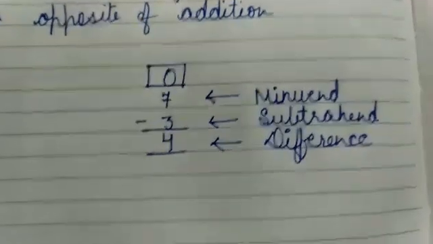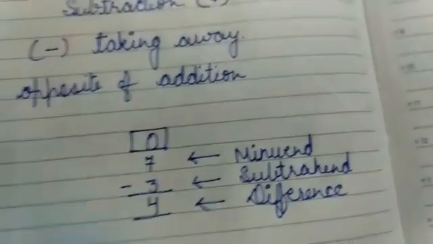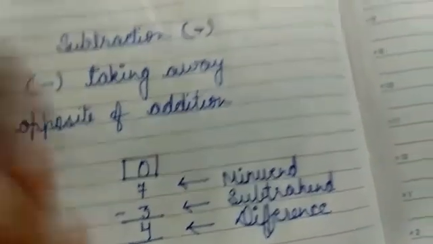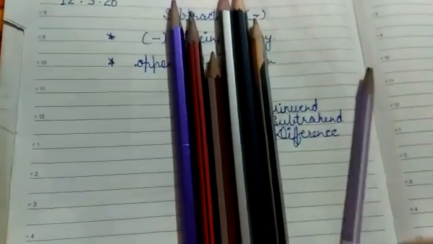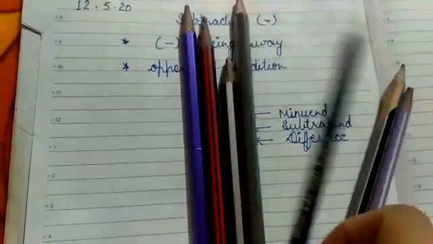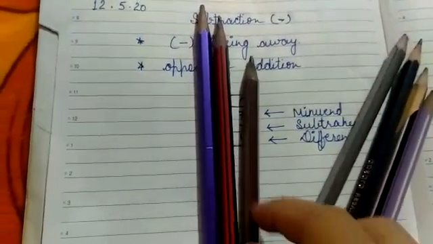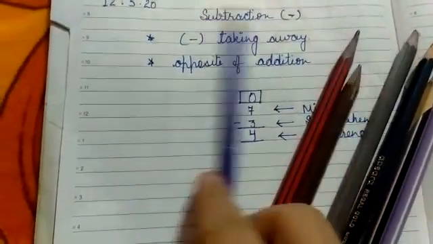So let me show you one activity, or we can say example, in front of you. Children, now you can see I'm having few pencils. Let us count them. 1 2 3 4 5 6 7.